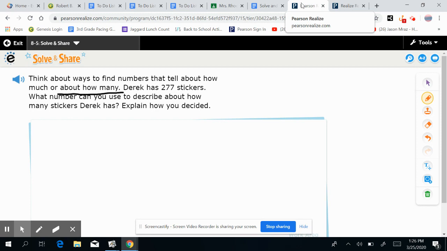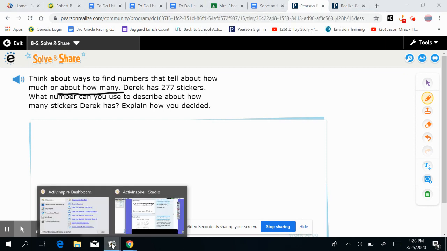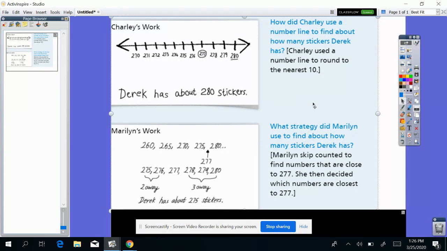So what you guys will do is, going back, I'm sorry, to this problem, which student rounded to the nearest 10? Okay, hopefully you said Charlie.